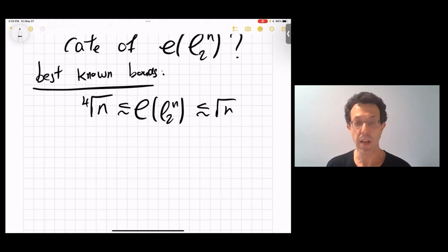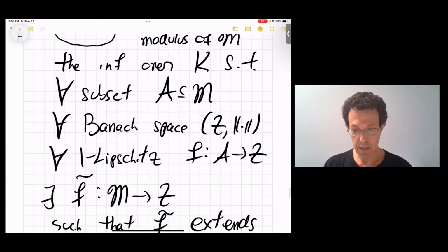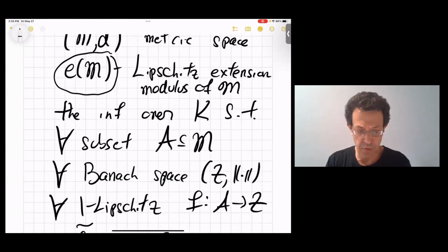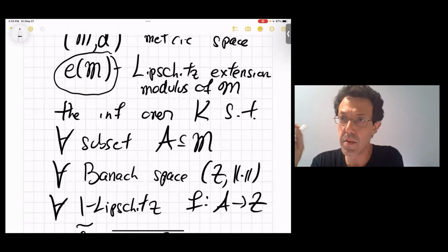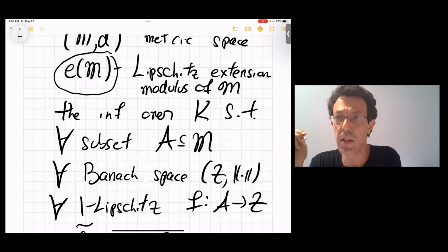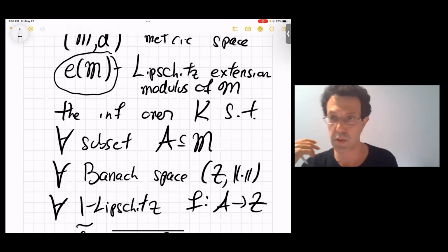The question about R^n. Oh, I should have said that when I defined this Lipschitz extension modulus, the way I defined it, I had this quantifier for every subset, for every target Banach space Z, for every function f. Because the quantifiers are like that, you can apply a very simple duality argument, and you can understand what this is in terms of the intrinsic geometry of M without ever referring to a target Banach space or Lipschitz function.